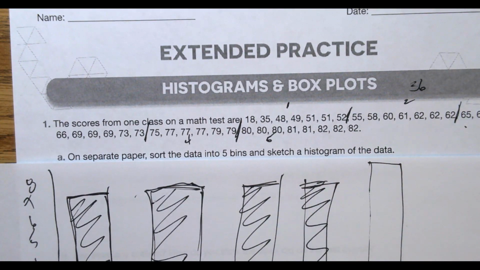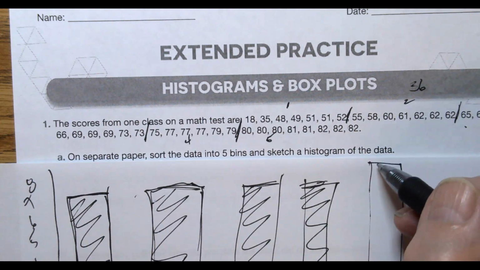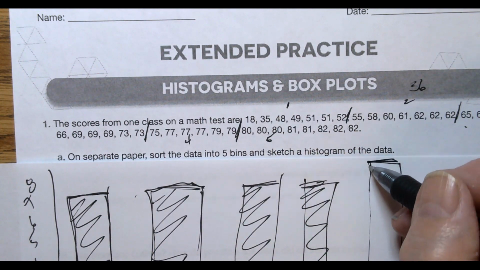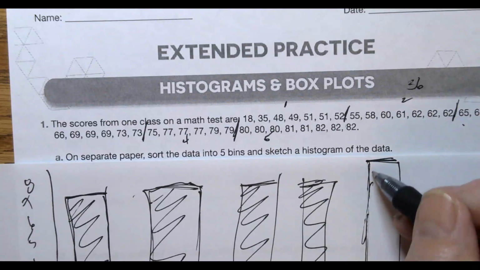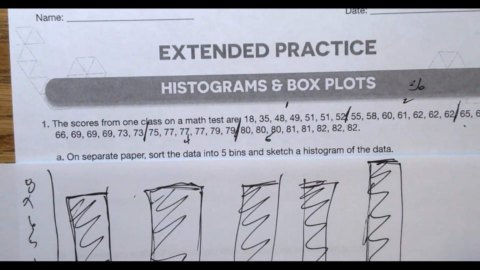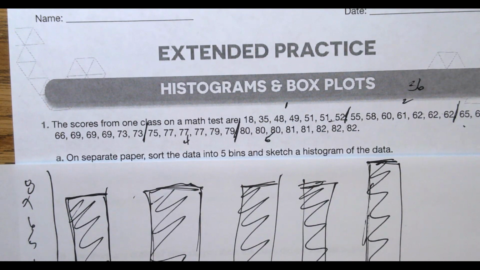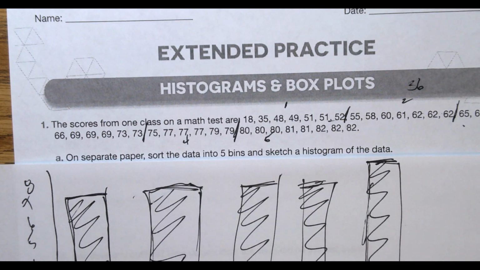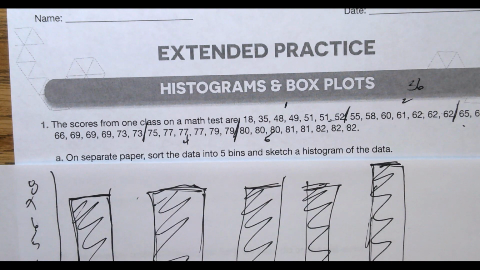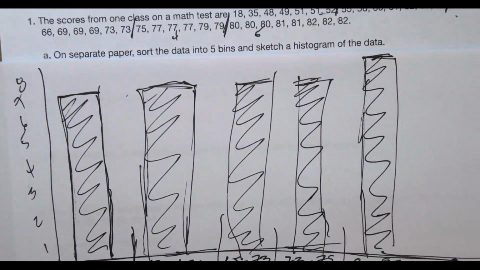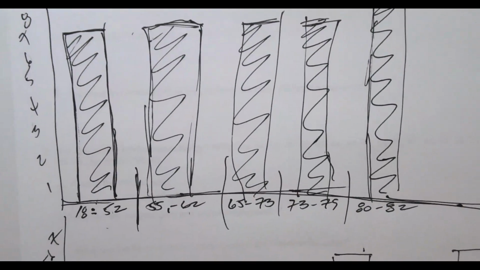And then 80 to 82, and I actually had 8 of those, so this is a little bit taller, and I'm going to color that in. Now I've separated my data into 5 bins, or 5 buckets, with my bins along the bottom and the number of pieces of data over here. Let me move that up a little bit more for you. So that's what you would get.